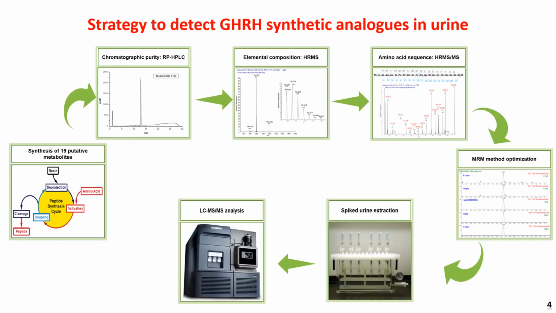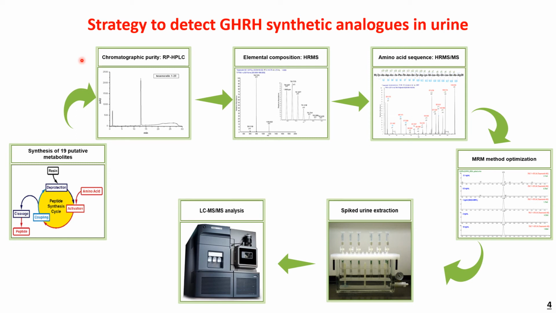Apart from synthesizing the peptides, the whole work was very simple as illustrated in this slide. The process started from chemical synthesis of all the 19 selected metabolites by solid phase FMOC approach. Crude peptides were purified by preparative reverse phase HPLC.